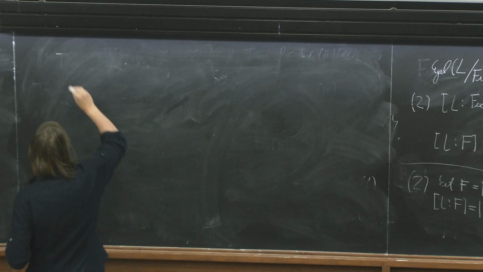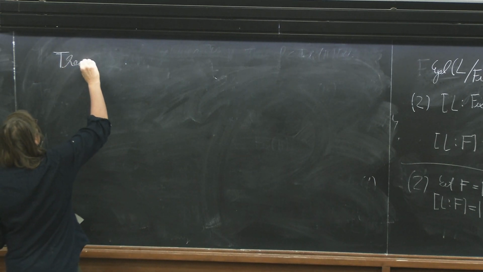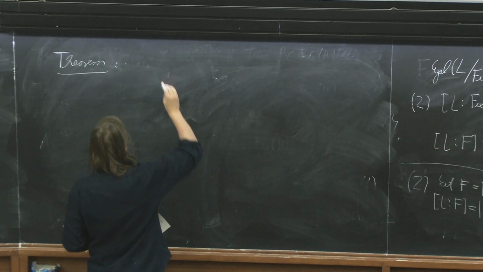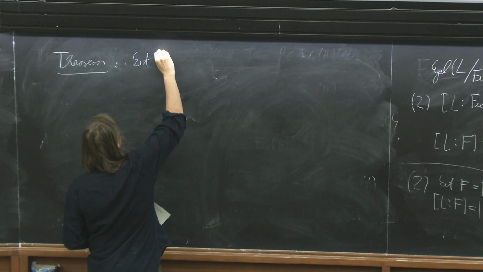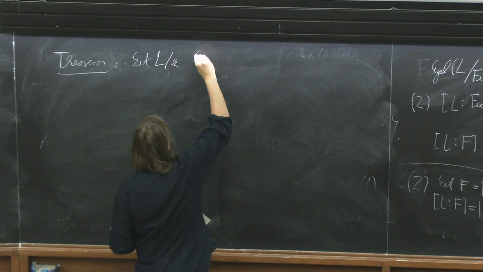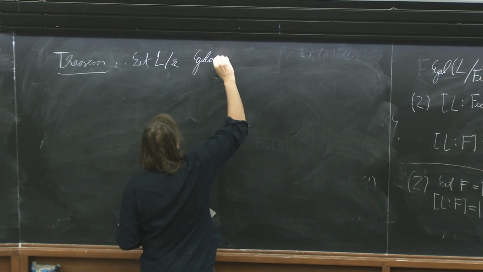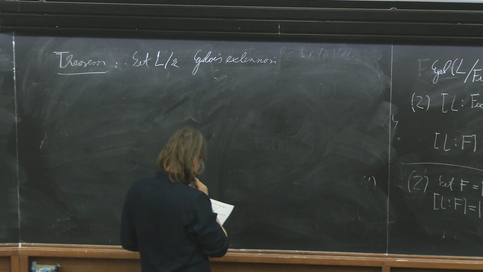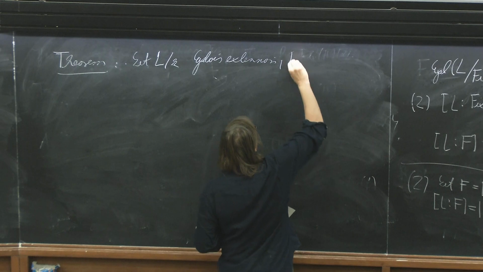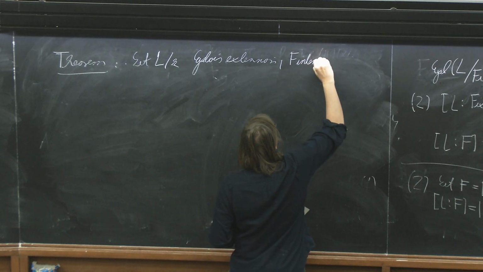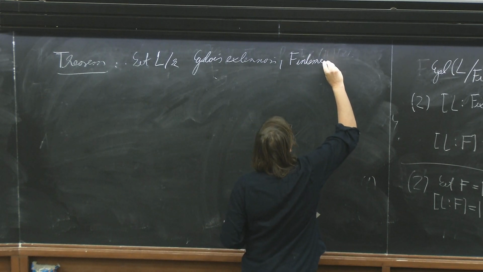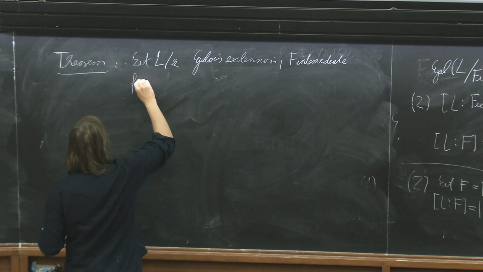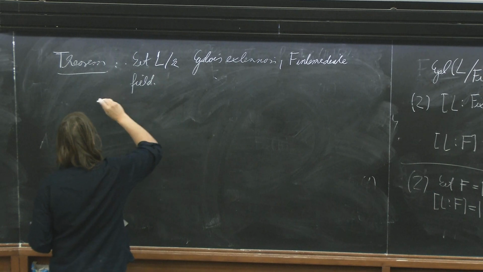So the following theorem. Let L over K be a Galois extension and F an intermediate field. The following are equivalent.